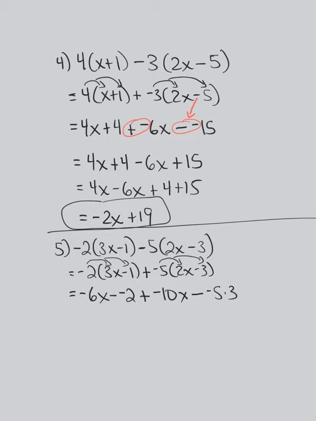All right, like that. And so now we have negative 6x, and then we have 2 minuses that make a plus. And then we have a minus plus minus, so that makes a minus 10x. And then we have a minus minus, so that has 15. Okay, like I say, some of you can look at this.